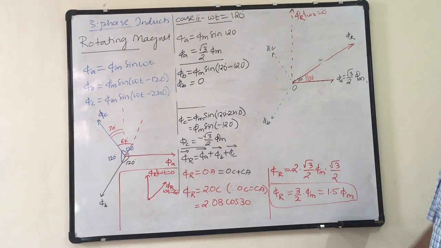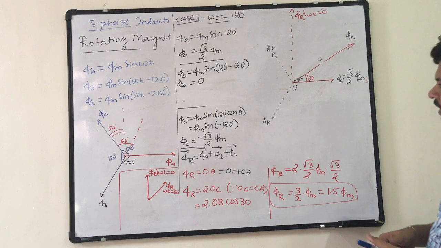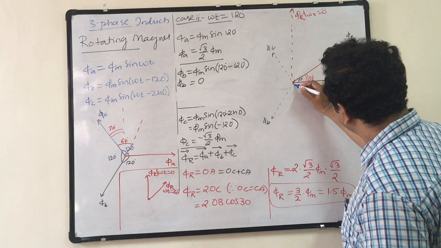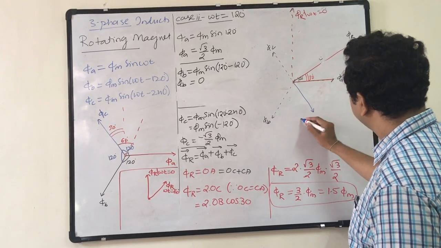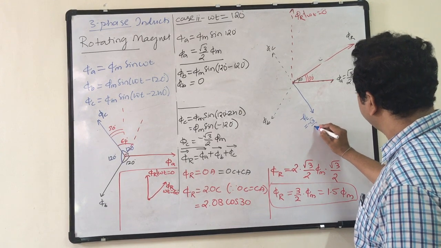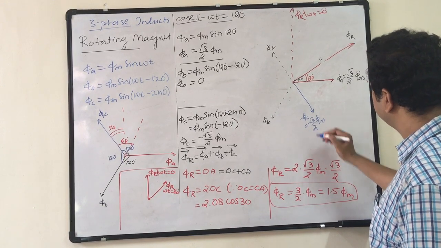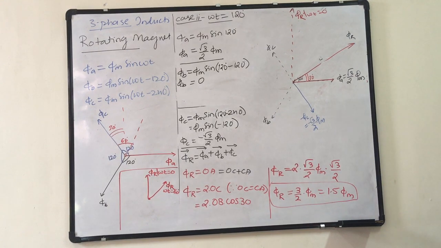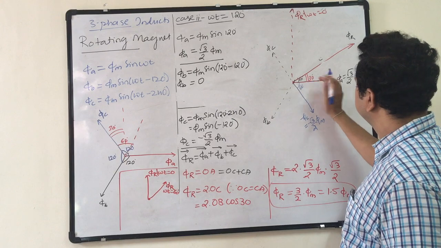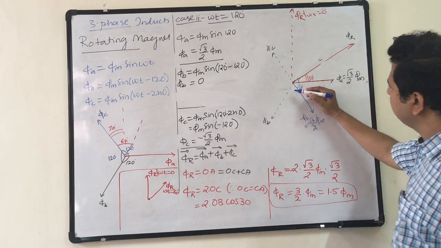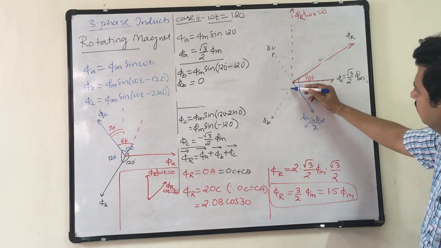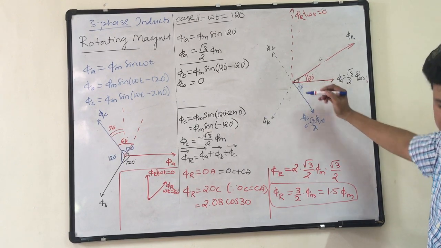Phi b is 0, phi c is negative. So when phi c is negative, I should take the vector phi c in the opposite direction. Minus phi c is equal to minus root 3 by 2 phi m. And this angle will now be 60 degrees, because between phi b and phi c it is 120. When I take exactly opposite to phi c, it will bisect the angle 120 and become 60 degrees.